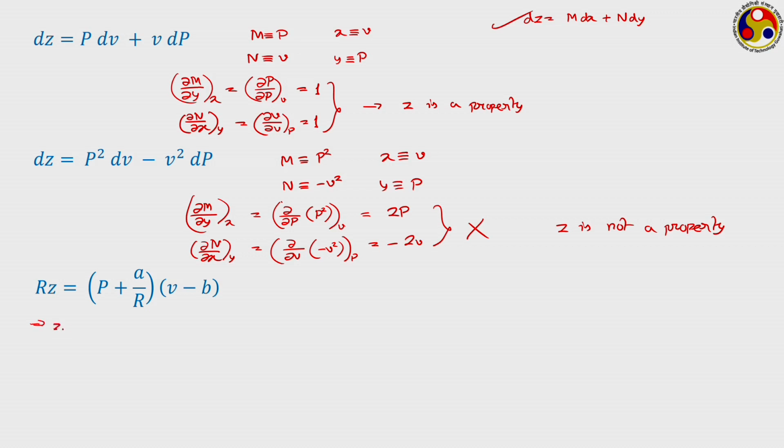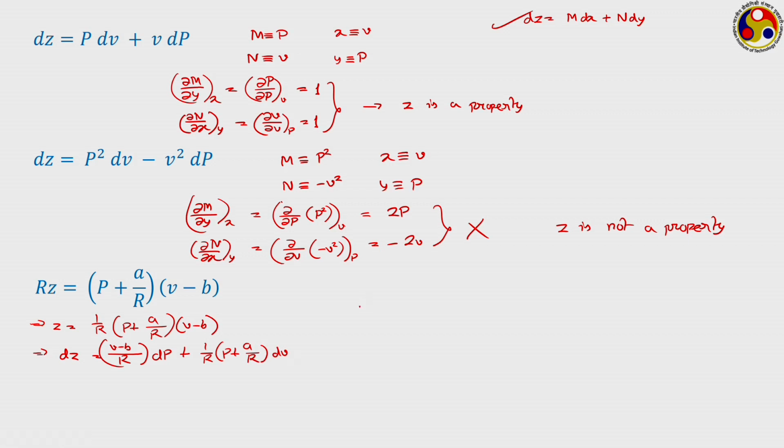So, we write this as 1 upon R into P plus A upon R into V minus B. Now, differentiate both sides. So we have dZ equal to V minus B by R dP plus 1 by R into P plus A by R dV.